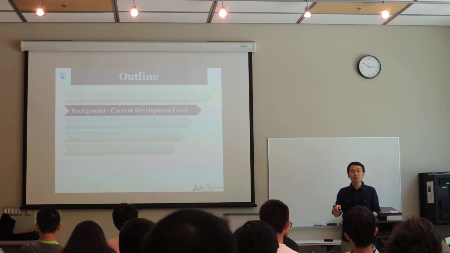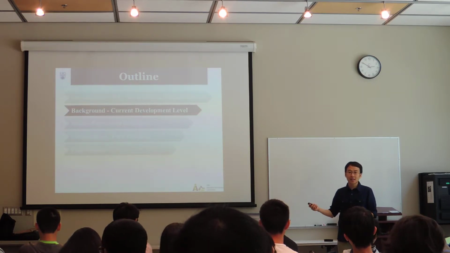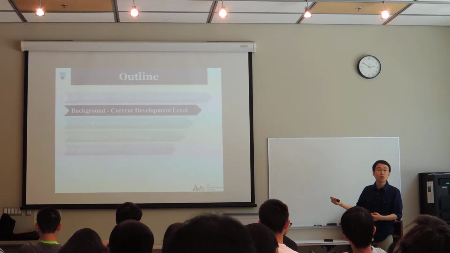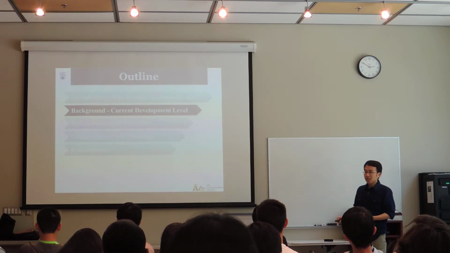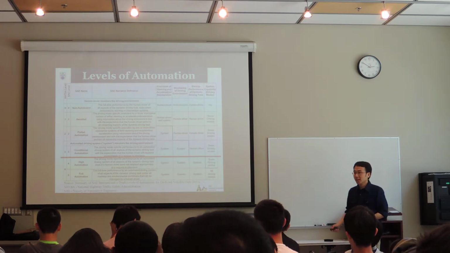Also, in Iron Man, the suit he designed can also talk. It's that kind of artificial intelligence robot, right? So now I want to show you how far we are from there.